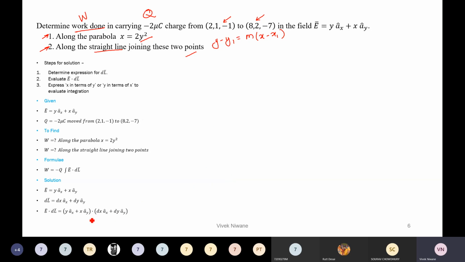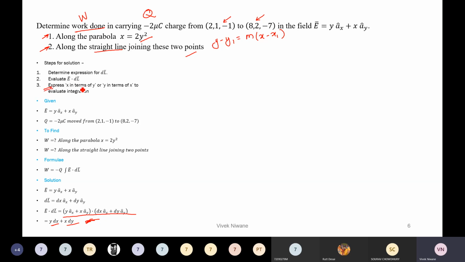After the dot product, E bar dot dl bar has y dx and x dy. These kinds of integrals are pretty interesting to solve, and now you know how to solve those integrals.